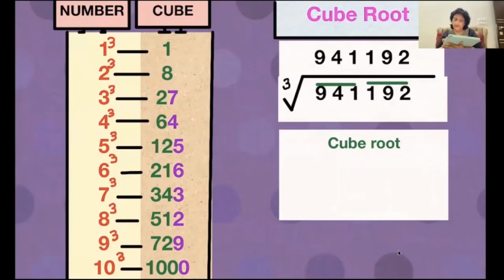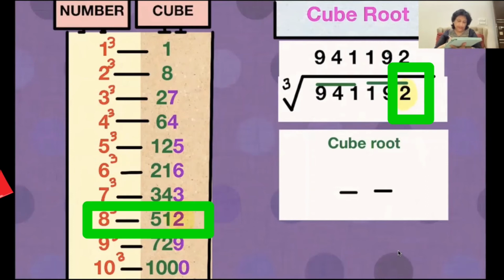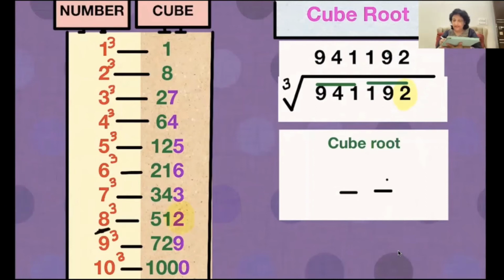Here also we have 2 groups, that means the cube root of this number will have 2 digits. Now observe the unit digit. We have 2 over here, and 8 cube has 2 at its units place. That means the cube root of this number will have 8 at its units place. So we have got the units place number. Now observe 941.